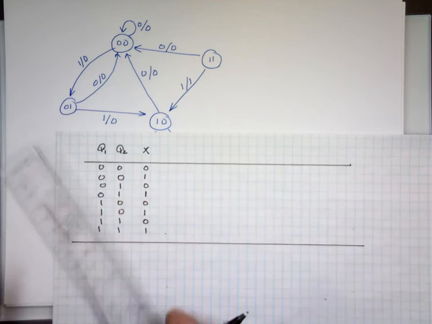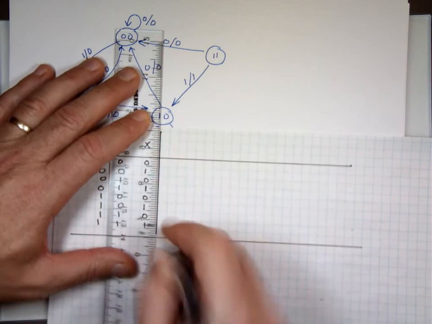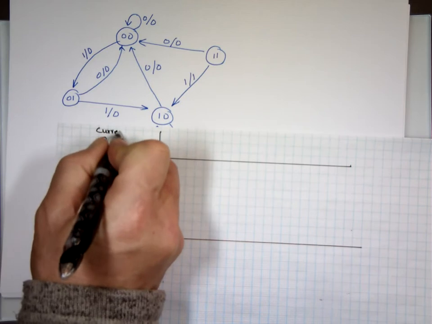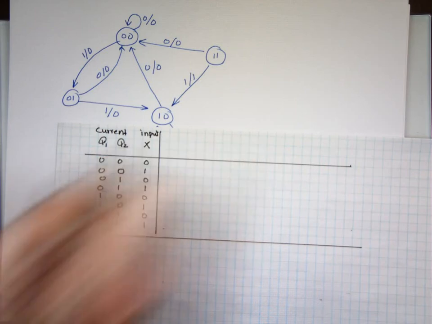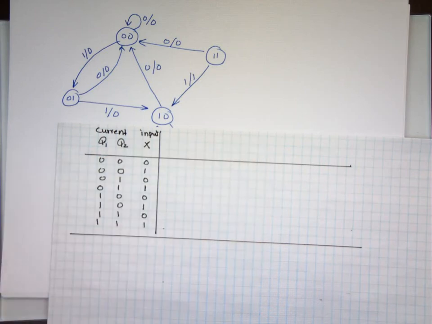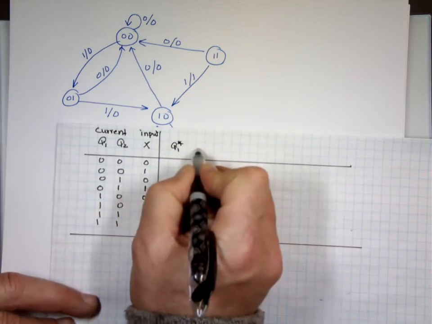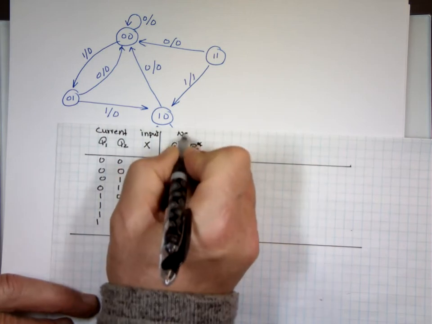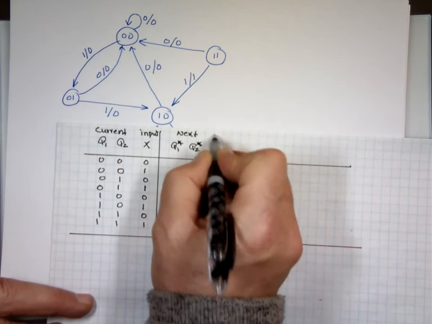So these are my inputs. These two are the current states, and X is your input, the external input. Q1 star and Q2 star are what? The next state. And we're going to have Z, which is what? Output.